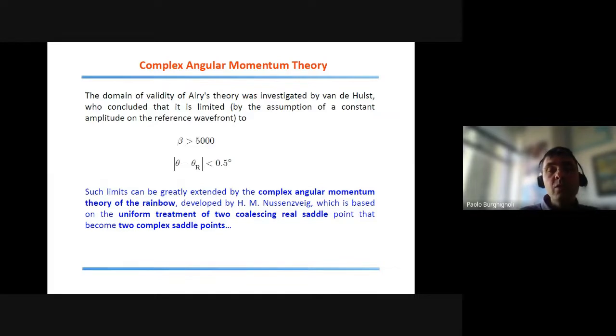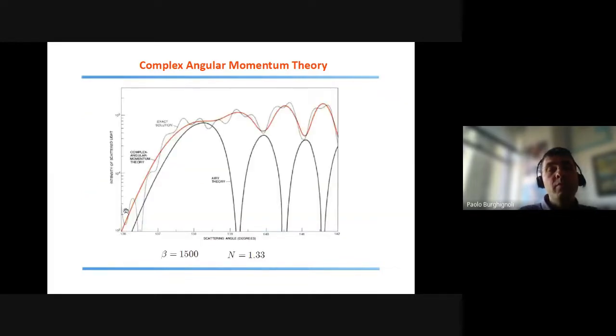And by doing so, if you perform all the necessary and quite complicated calculations, you will find a result which is like this, in which you can see the exact solution with the light gray curve, which is the most oscillating one, which is quite well represented by the result in red, which is the complex angular momentum theory.